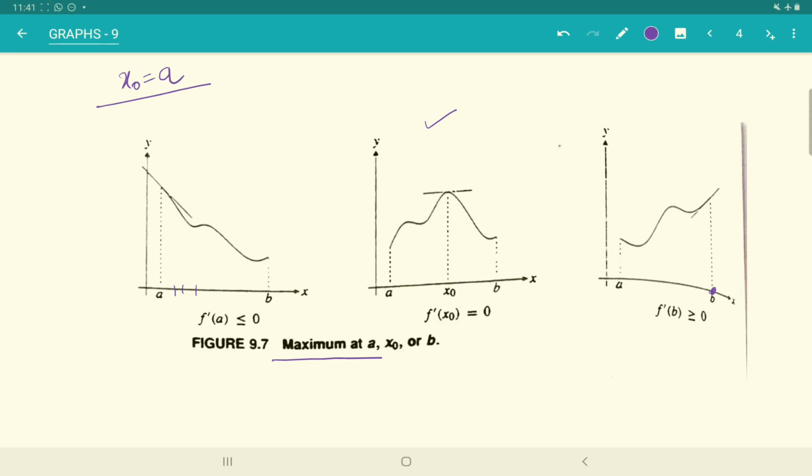If x0 lies inside the interval, then f prime x0 would be equal to 0. That is, the tangent to the graph of the function at that point has to be parallel to the x-axis.